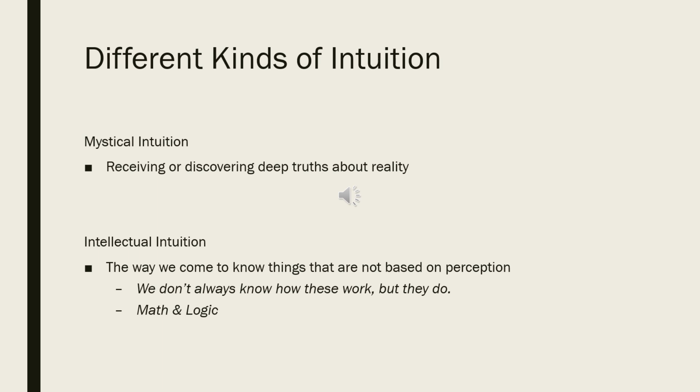And things like what we might call intellectual intuitions, where intellectual intuitions are the kinds of things that we come to know where perception isn't the basis on which we come to know them. There are lots of things like math and logic where we know the truth that 2 + 2 = 4.